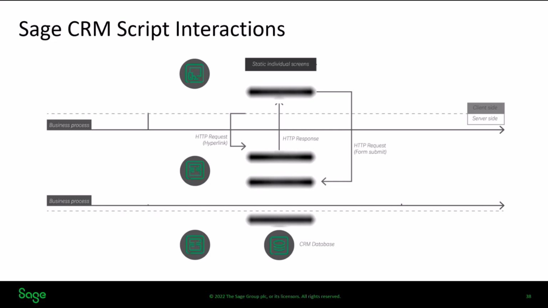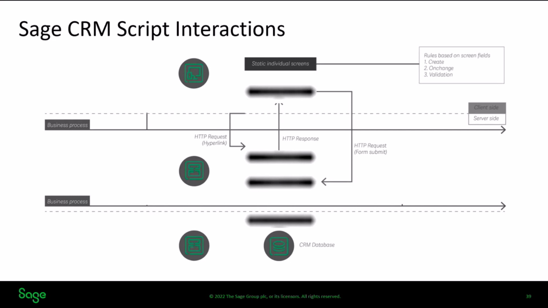The first thing that it does is create all of the fields that will sit inside that screen. So this is where we meet the idea of the create scripts, the on-change scripts, and the validate scripts within the screen. The first type are the create scripts, which draw and change the behavior of the individual fields.